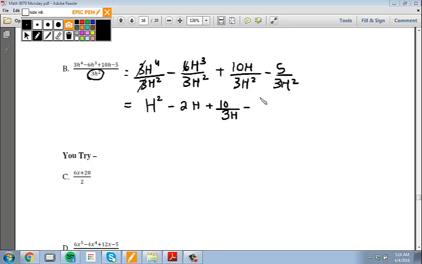And then the same thing over here. Nothing can be simplified, so I leave it as 5 over 3h squared. You can see that there are no like terms, so I would just leave the final answer looking like that, as awkward as it might look.